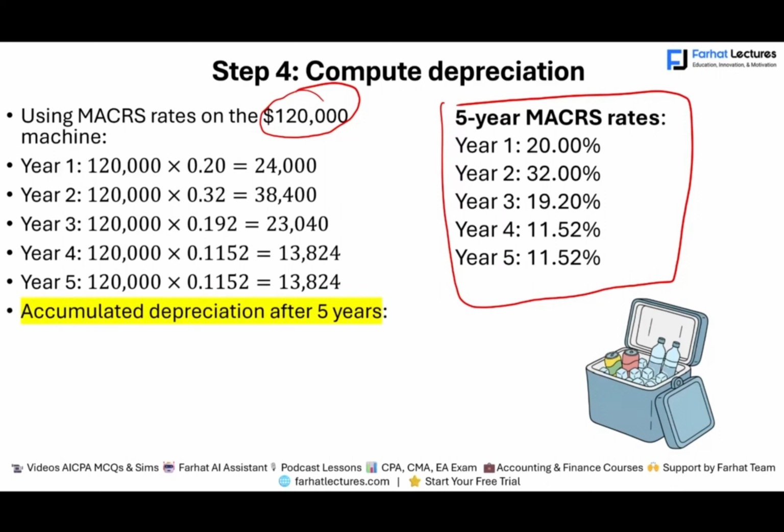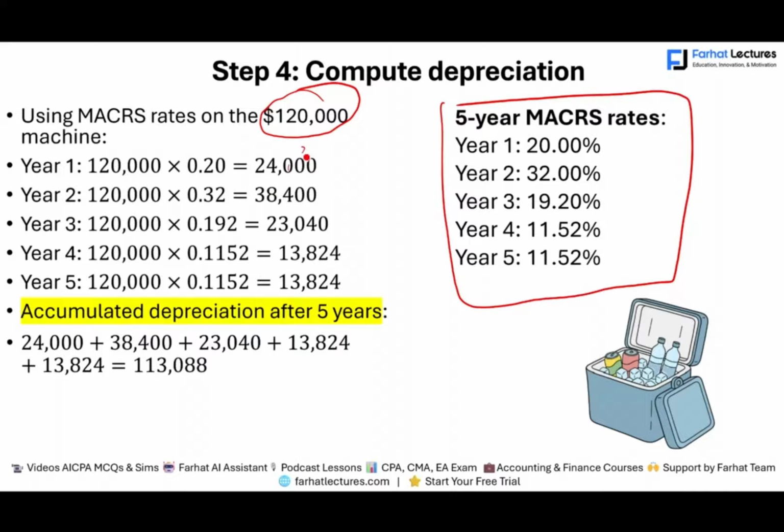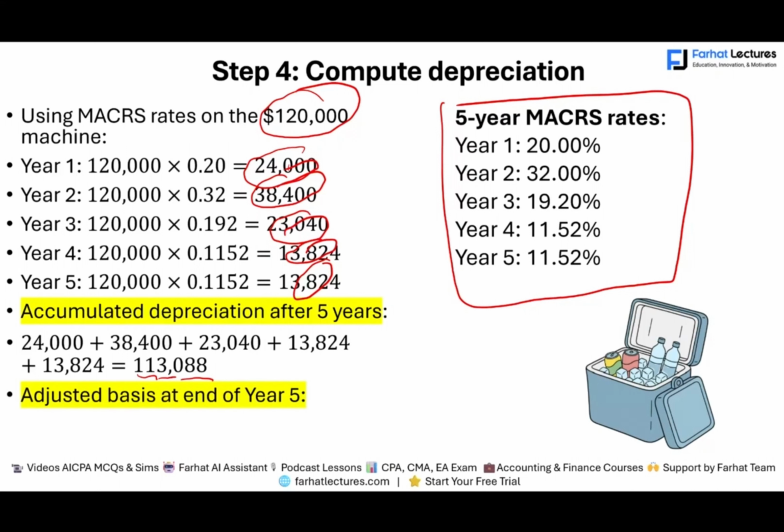So the accumulated depreciation after 5 years, if we take the depreciation every year and add it up, will be $113,088, because we still have half a year we're not going to depreciate the asset. So the adjusted basis is the cost minus the accumulated depreciation. So we have an adjusted basis of $6,912.